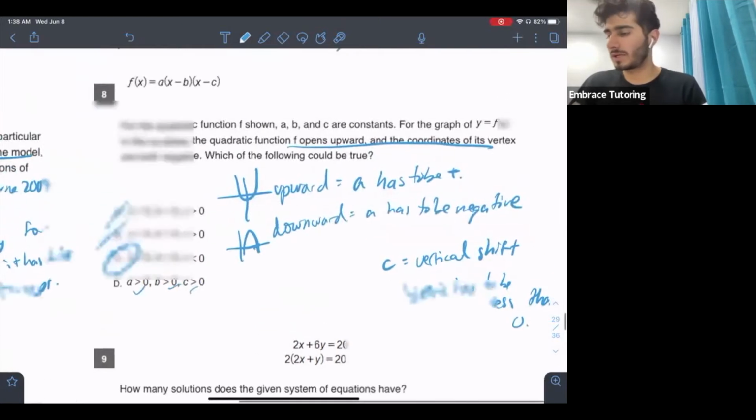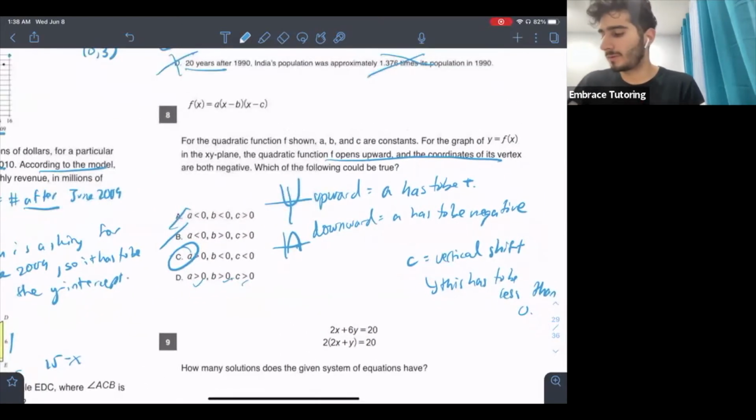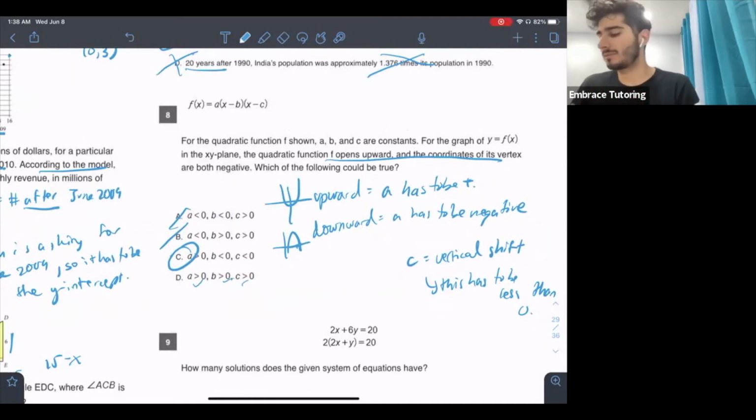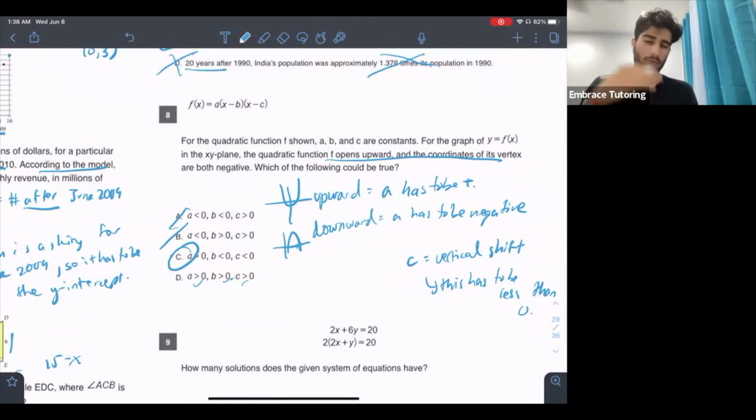And so that's why choice C is correct for 8. A can't be less than 0 because it has to open upward, meaning it has to be positive, and D is not correct because c can't be greater than 0, because then that won't have the vertex as a negative value for the y coordinate.